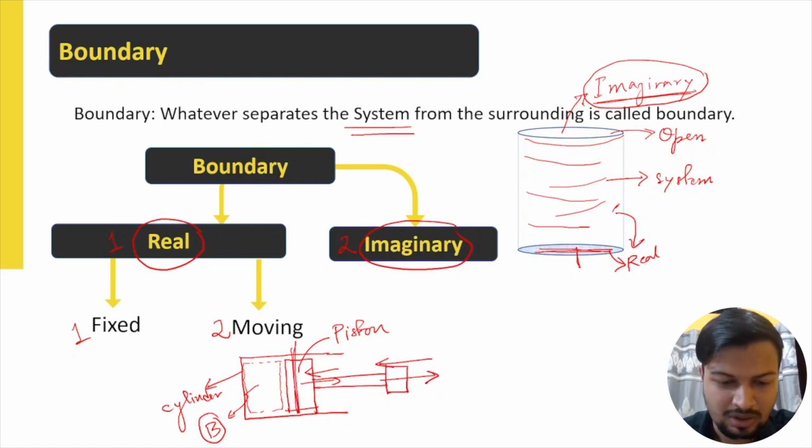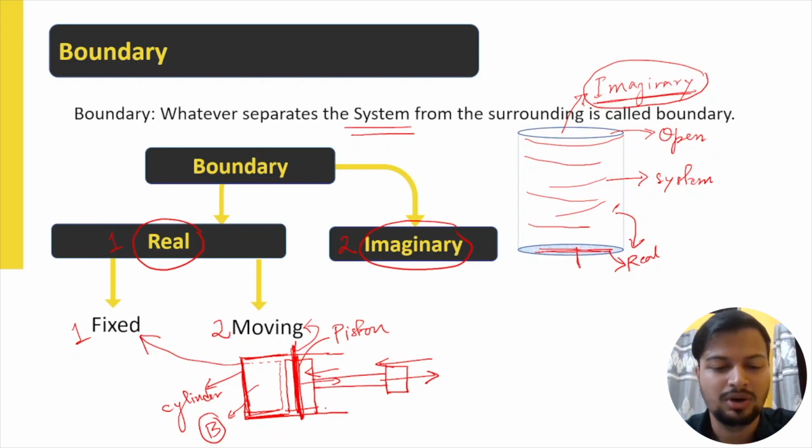So this boundary is moving. This is an example of a moving boundary. This boundary and this boundary are fixed, so this is the example of a fixed boundary, but this piston is moving back and forward, so it will act as our moving boundary. I hope this is clear.